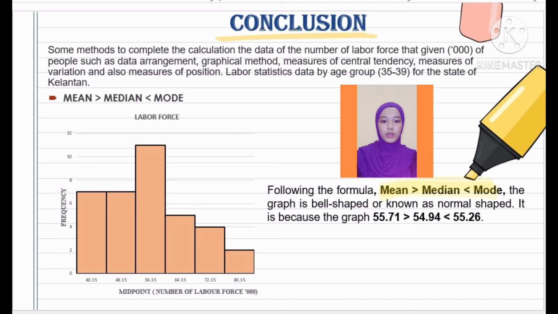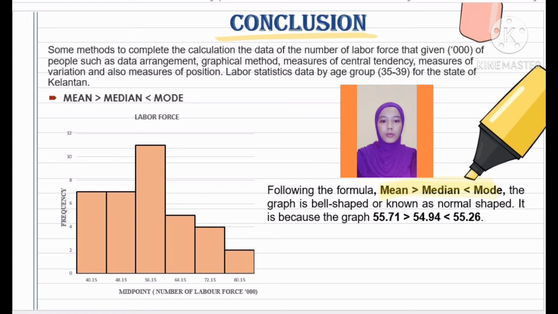Our group used some methods to complete the calculation of the data of the number of labor force given in 000 of people, such as data arrangement, graphical method, measure of central tendency, measure of variation, and also measure of position. These methods are used to calculate labor statistics data.